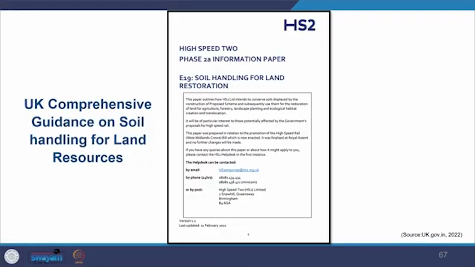You also see the UK has comprehensive guidance on soil handling for land restoration, so when you need to restore the land, how you are going to do it. This will be useful when you are preparing mitigation.